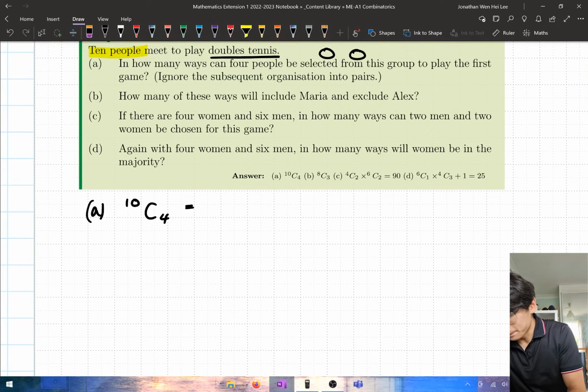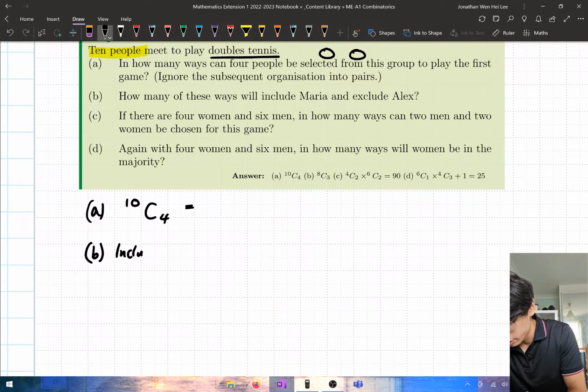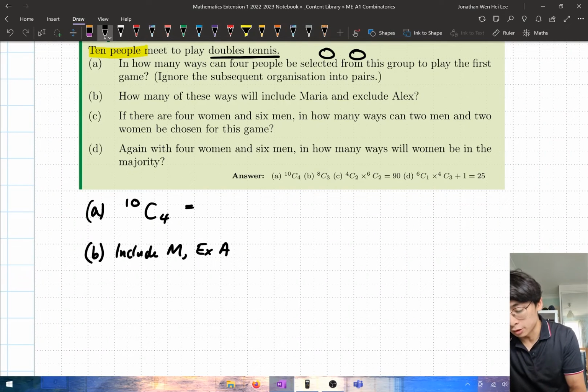So here, part B. How many of these ways will include Maria and exclude Alex? Let's just do each of these conditions in turn. First, what happens when we include Maria?